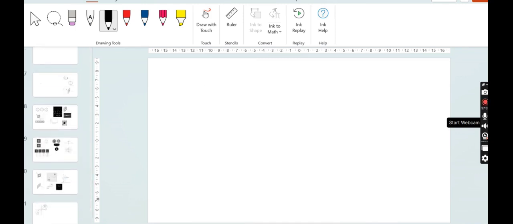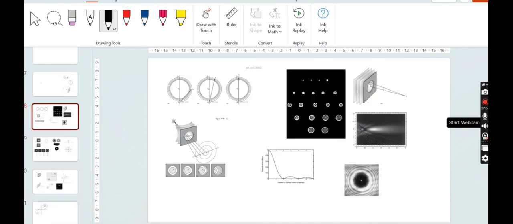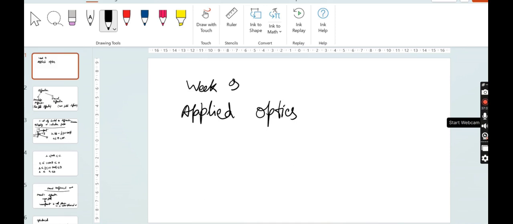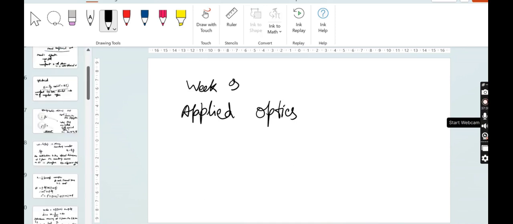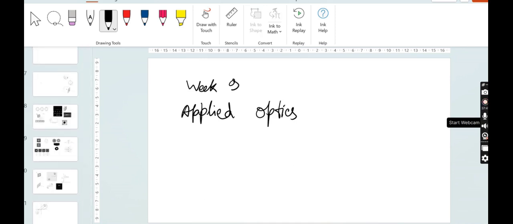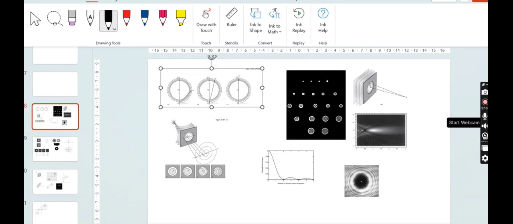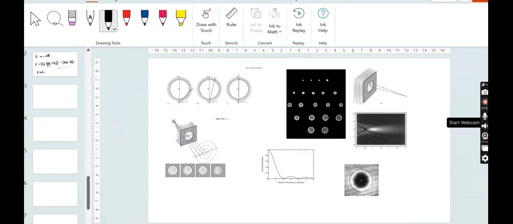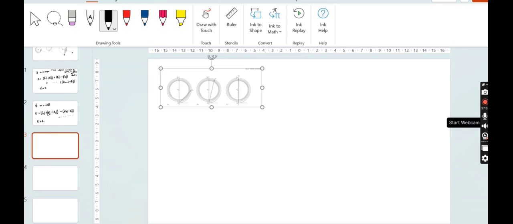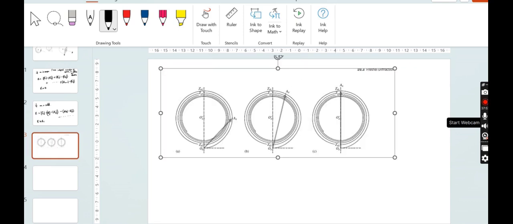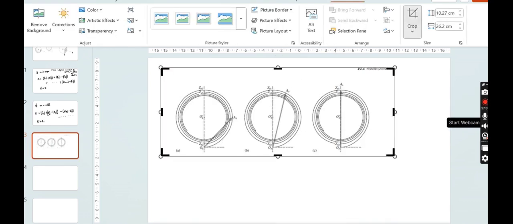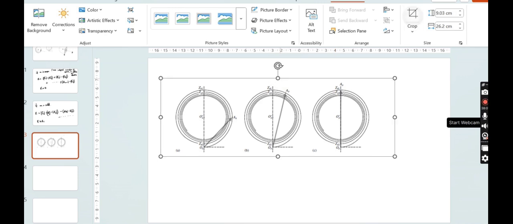So now we will see what will be the vibration curve for that. Okay.